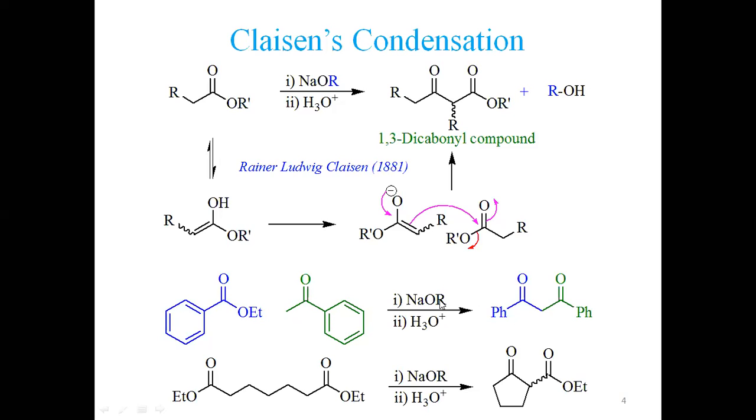We may have methoxide, sodium ethoxide, etc. As we increase the size, it creates steric hindrance, so ethoxide and methoxide are normally used. First of all, it is going to pick up this enolic proton, and then we shall get a negative charge here. So that negative charge shall come across here, and the double bond here shall add to this carbonyl carbon in a very similar fashion. And it shall result in the formation of this molecule.